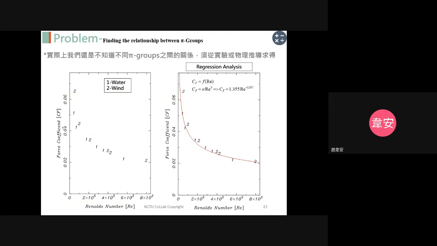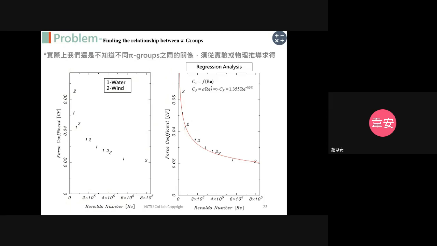So the y-axis is the force coefficient, and the x-axis is the Reynolds number. The different label numbers indicate the data are from different conditions. The one is from the water tunnel, the two is from the wind tunnel, and we do a regression analysis.